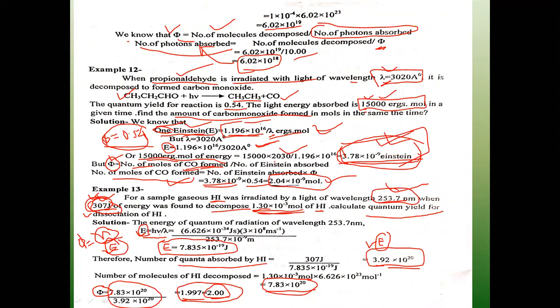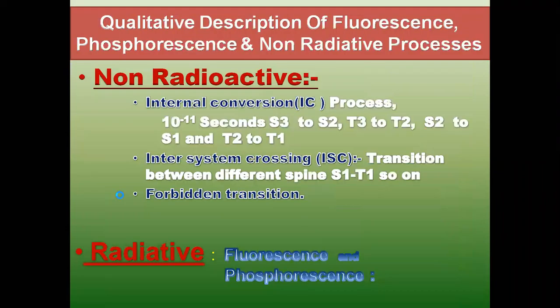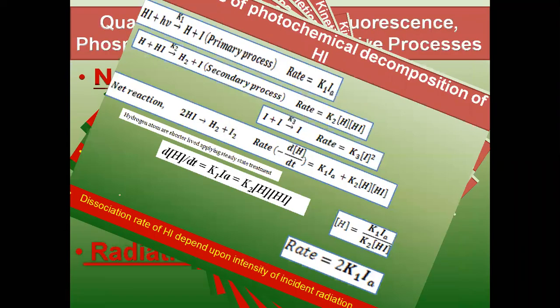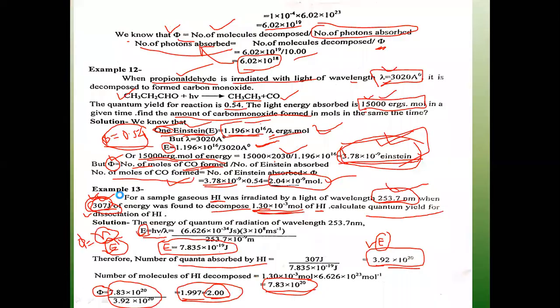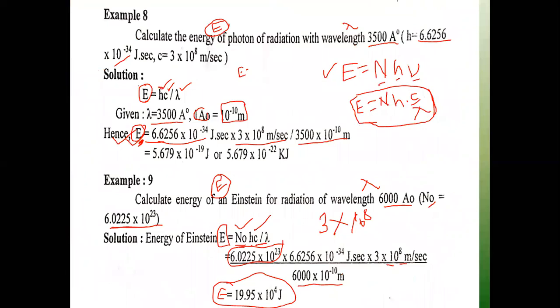Okay, understood. So in this way you can find out the various values of phi, number of moles, number of photons absorbed, and also you can find out the energy by the Stark-Einstein law. So you have to keep in mind two very important equations. First one is E is equal to h nu, that is equal to h into C upon lambda. And the second one is phi, the quantum yield.